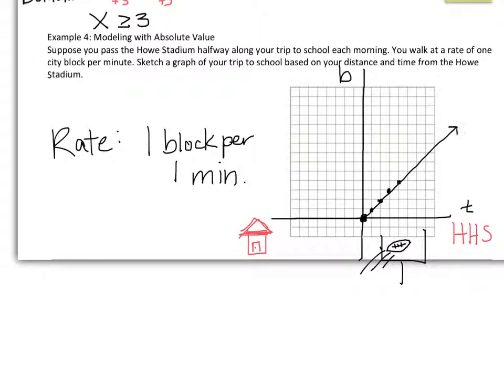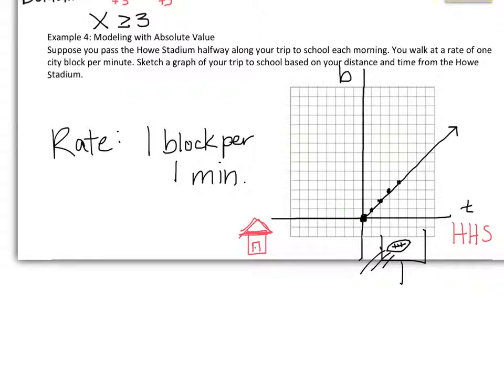So there's the on the way to school part. Now, distance, okay, is always positive. So we're not going to have negative blocks. We're just going to say 1 minute before you got to the stadium, how far away were you from the stadium? 1 block, right?